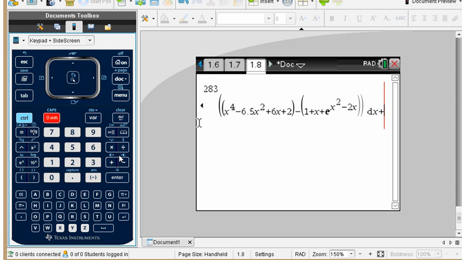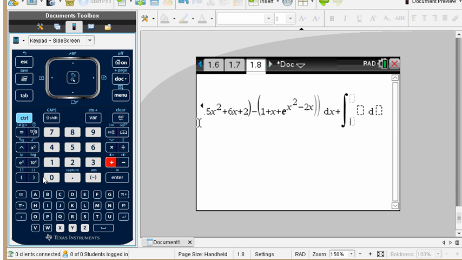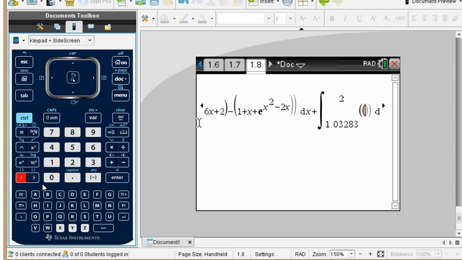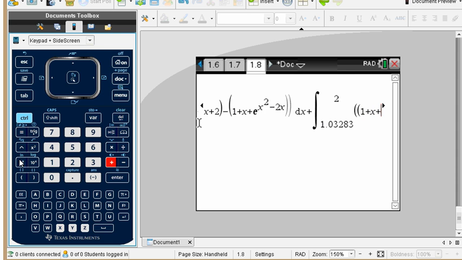We're going to go from 1.03283 all the way up to 2, and then we're going to open two sets of parentheses, the first one of which is going to be this: 1 plus x plus e to the x squared minus 2x.